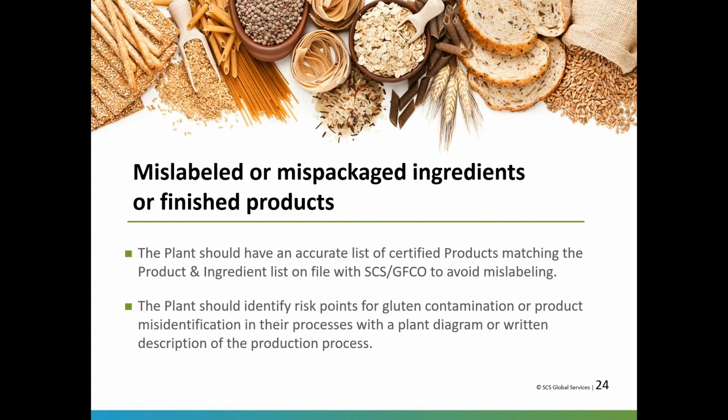And the plant should identify risk points for gluten contamination, which I refer to as critical control points, where product misidentification could occur, with a plant diagram or written description of the production process. One of the first things we ask for during the audit is that plant diagram, and we'll ask you exactly where all the critical control points are in the plant.